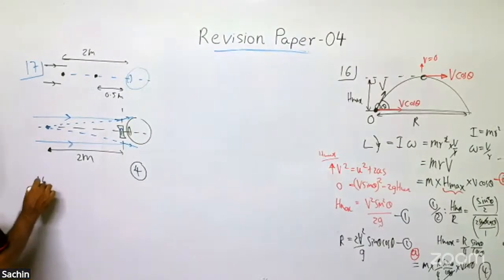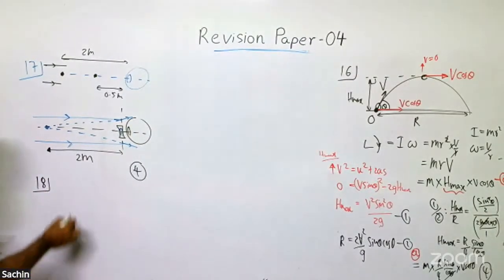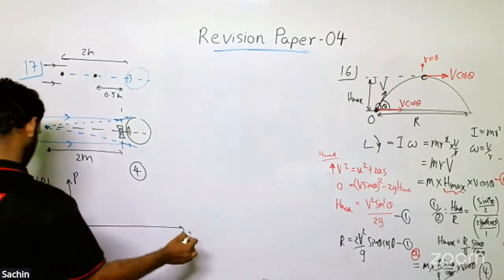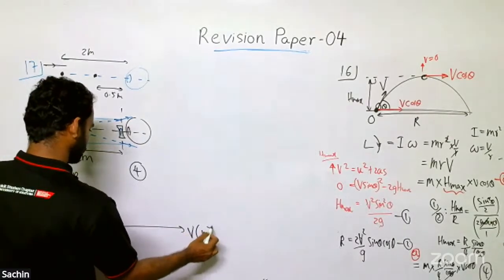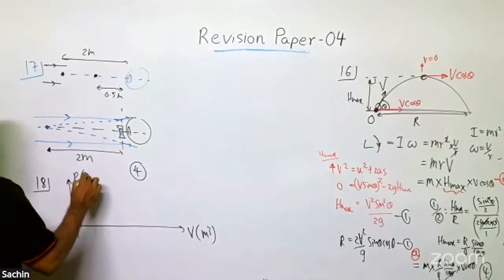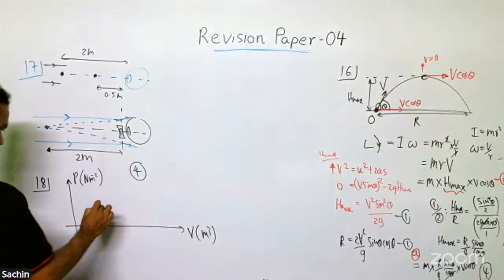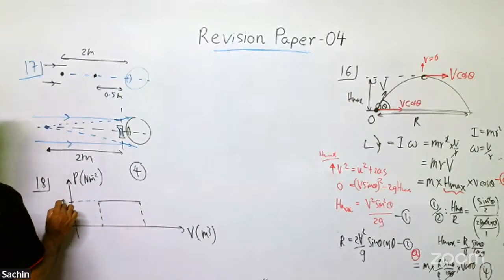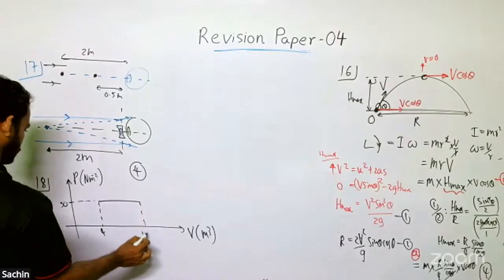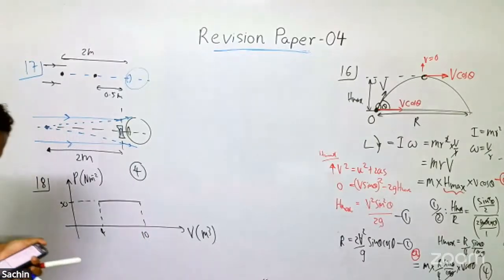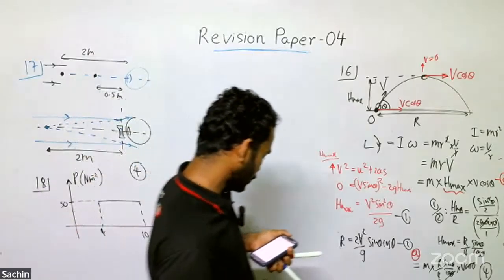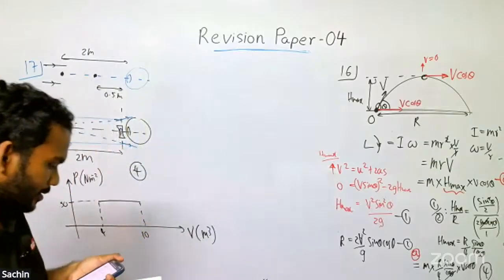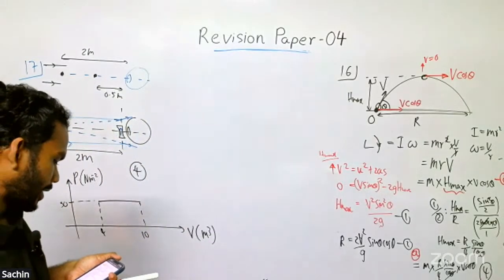Question 18. The figure shows a PV diagram of an ideal gas going from point A to B. If 200 joules of heat is supplied to the system, what happens to the internal energy of the gas?